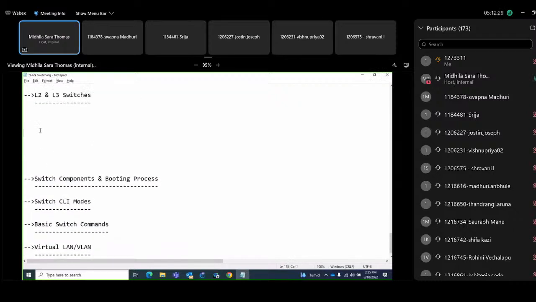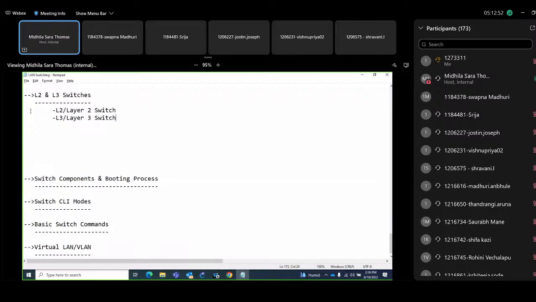Fine. So guys, L2, L3. Can you guess? L2, Layer 2. Yes, Layer 2 switch. And L3, Layer 3 switch.